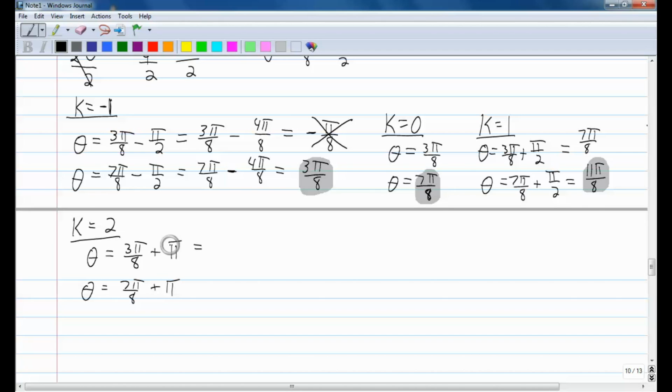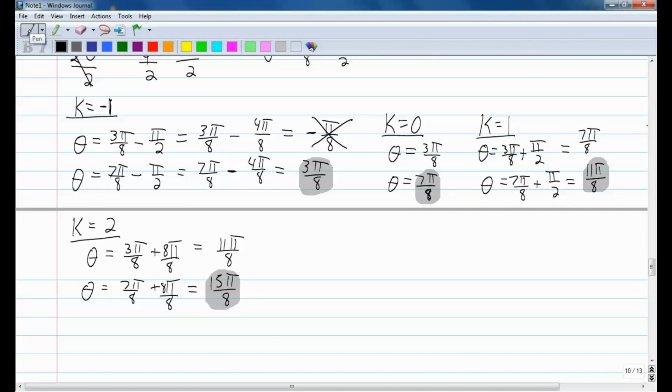Now, getting the common denominator for pi is pretty easy. You just make it 8 pi over 8. And so 11 pi over 8, that answer is repeated. And then 7 pi over 8 plus 8 pi over 8, that's 15 pi over 8. 15 divided by 8, that's almost 2, but not quite. Alright, that's a little bit less than 2 pi.